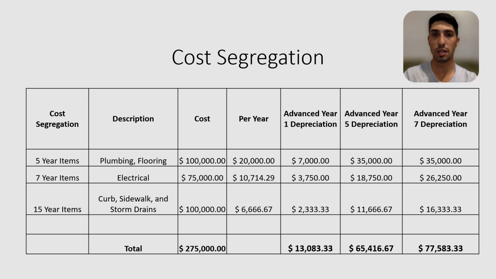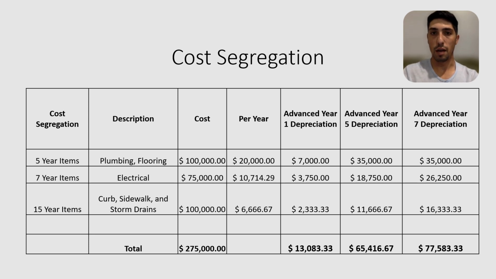To determine the depreciation at each time point, we can divide the total cost by the number of years in your bucket, then multiply by your tax rate. So for example, let's look at the 5-year bucket. $100,000 in total divided by 5 years comes out to $20,000 per year. $20,000 times a 35% tax rate comes out to $7,000.